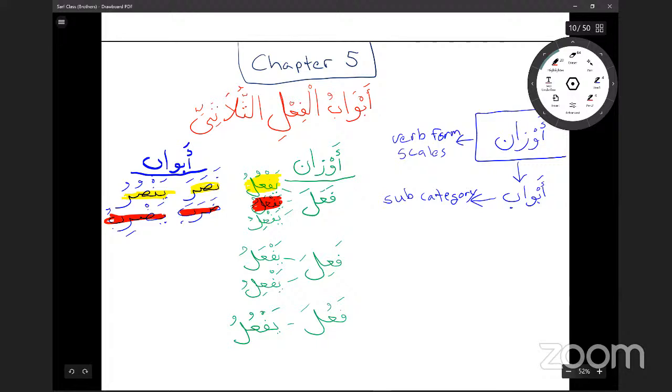Hope y'all can still see that. Then we have فعل يفعل. Whenever a verb comes under the فعل يفعل form, we say that is... I messed up the order. Allahu musta'an. I'm so sorry, guys.